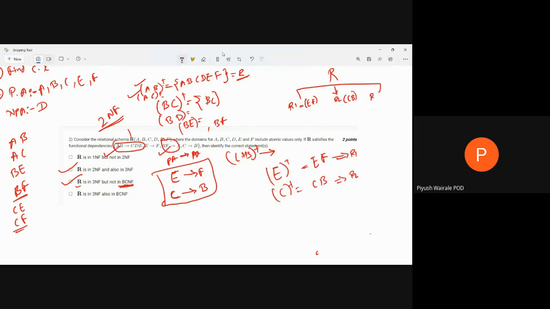And what should be R3? Now tell me. If you have gone through week 5, you should be able to do that. How to find R3 then? Such a type of question you can expect. We will give R1, R2, find R3 such that the decomposition is lossless.